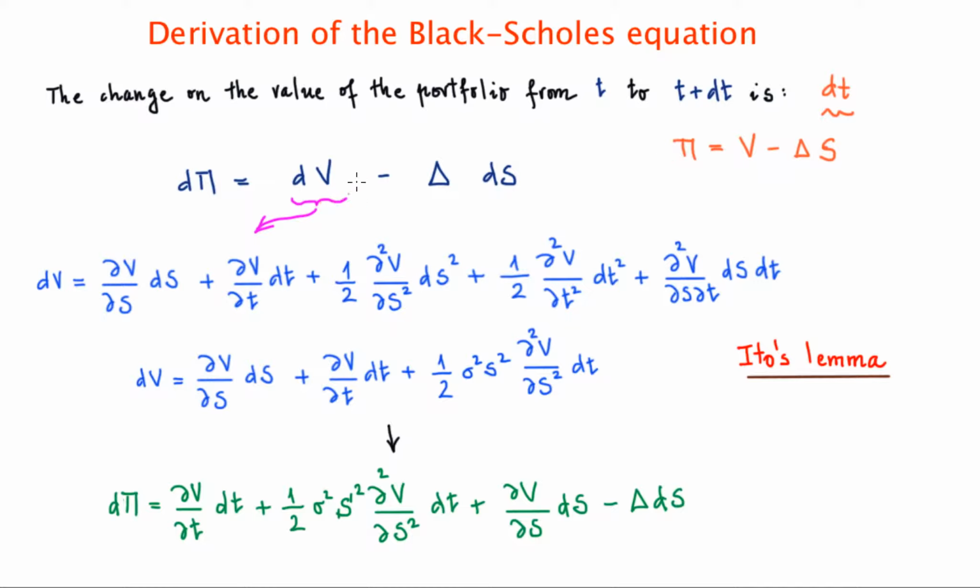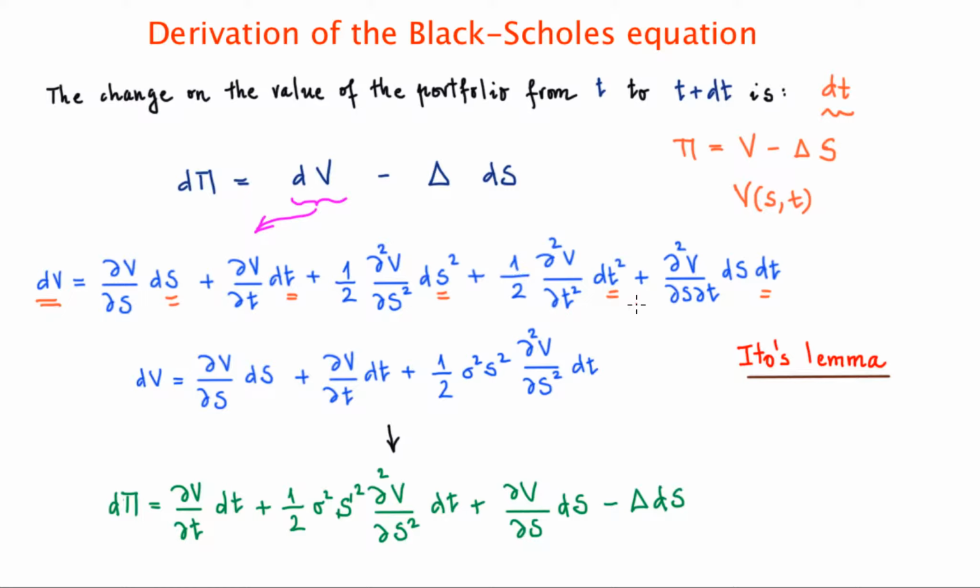We'll have a differentiation of V minus delta times ds. As V is a function of s and t, we'll write this differentiation of the value of the option in terms of ds and dt. Even though we are going to keep just linear contributions in ds and dt, I'm writing here up to second order, using the Taylor expansion, the change in dV due to the change in s and t.